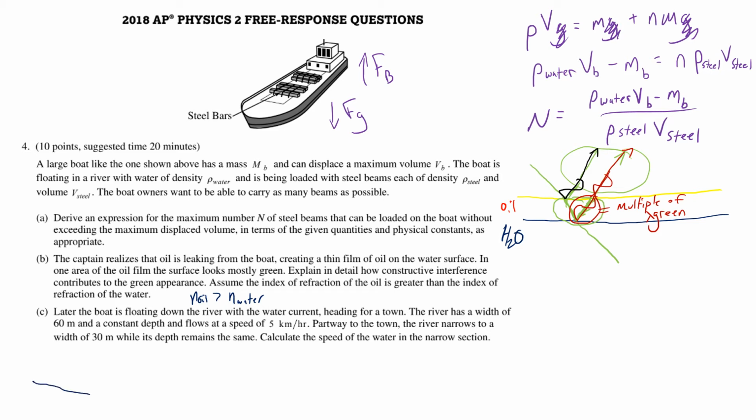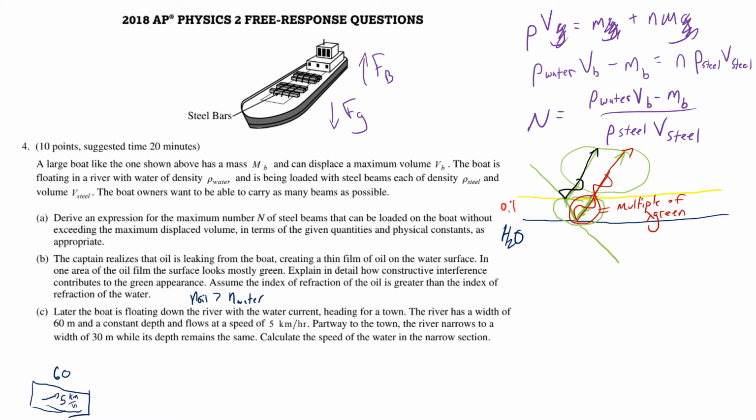We've got the wide river of some depth here. Let's just assume it's rectangular just to make it easy. It has a width of 60 and a constant depth, so we don't care about the depth. And it flows at a rate of 5 kilometers per hour.